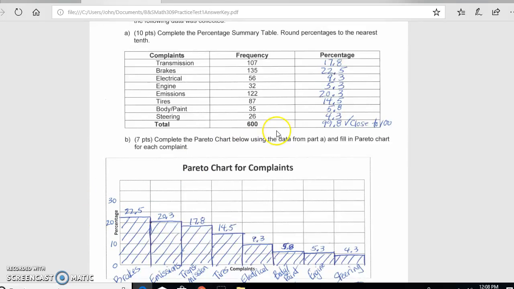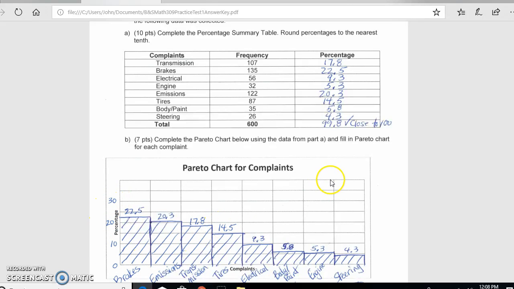Now the highest percentage of complaints is the 22.5 here, so we don't have to go above 30, and we can set up our vertical axis as I've done here, 0 being the bottom, and then we can go 5, 10, and 15, 20 for this line here, 25 and 30.